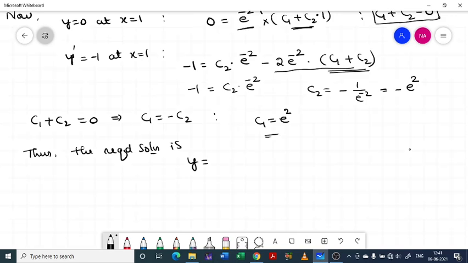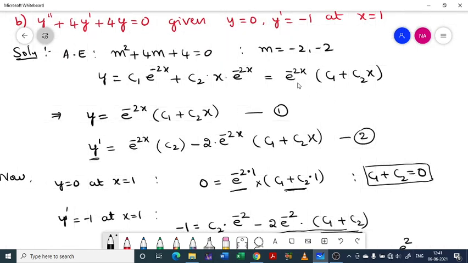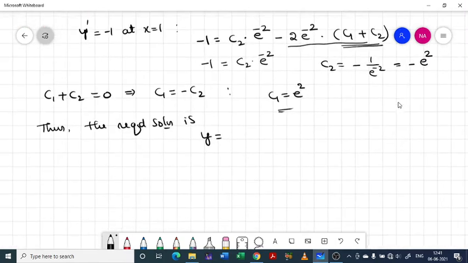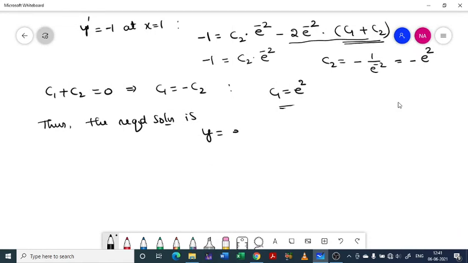Let us write it properly. e power minus 2x into c1 plus c2 x. So e power minus 2x into c1 that is e power 2, minus c2 that is e power minus 2, sorry, minus e power 2 into x. So correct, y will be equal to e power minus 2x into e power 2 times 1 minus x. Now it is correct.